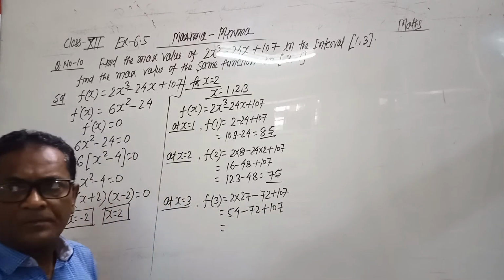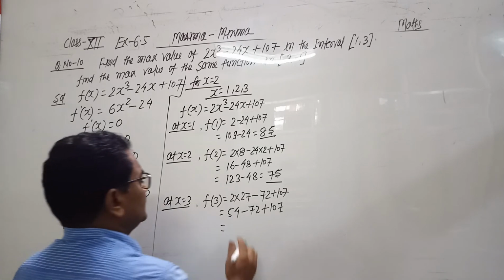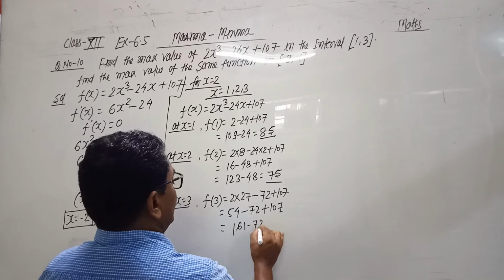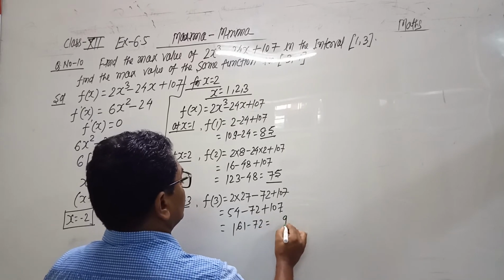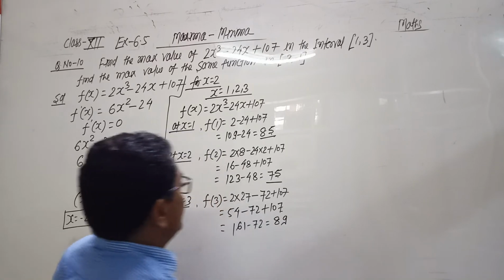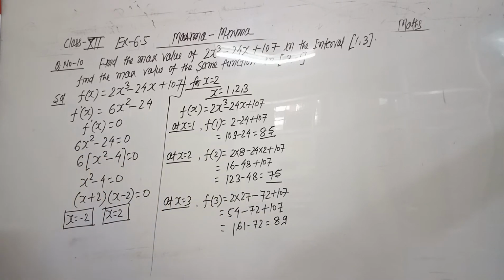So 54 plus 107 is 161, minus 72 is 89. So the maximum value is obtained at x equals 3, and it is 89.